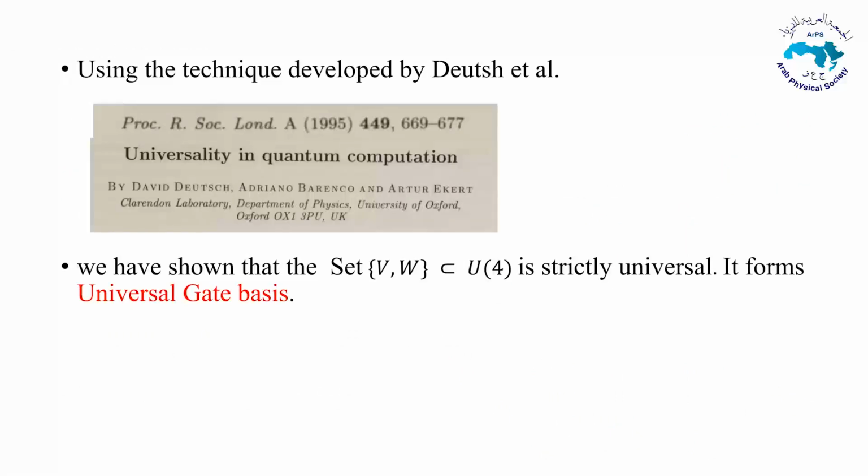How do we do that? A little bit of mathematics, but nice. This is the universality in quantum computation. If you want to show that V and W is a universal quantum gate set, you should use a procedure developed by David Deutsch. You can show that you can build 16 Hamiltonians from V and W. Why 16?